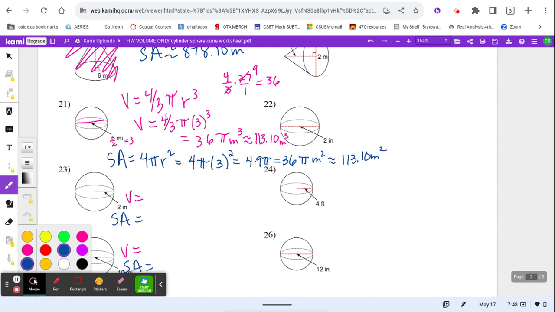Okay, volume for the next one. Again, you've got that formula right there. Radius is only 2. 2 cubed is 8. 8 times 4 is 32 thirds. And then put that in the calculator. 33.51.